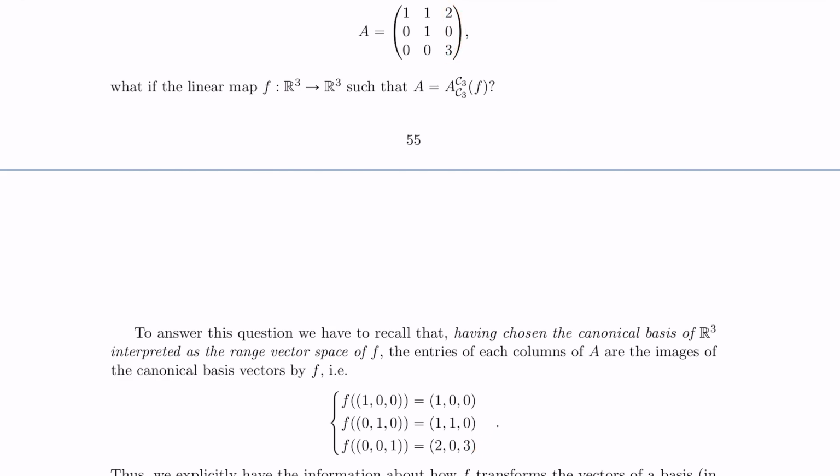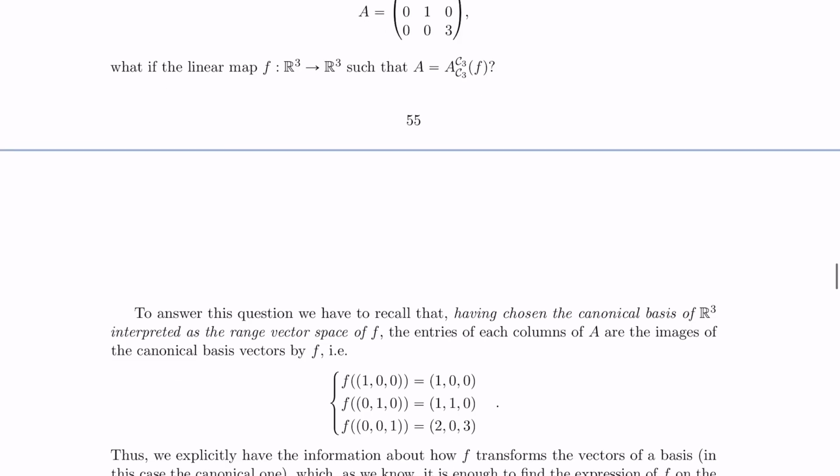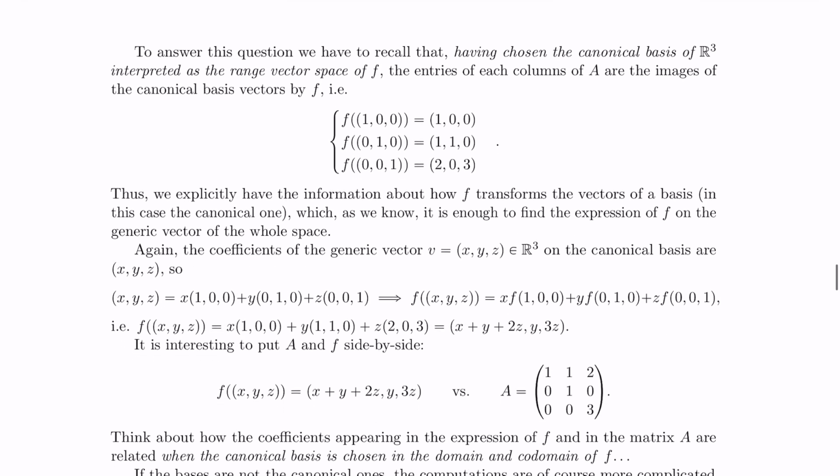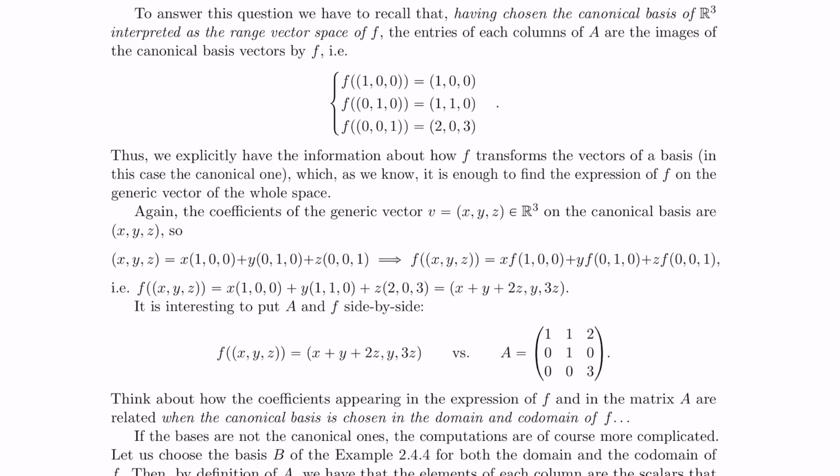Since we know how the linear map F acts on the vectors of a basis, we know everything about the linear map, right? Because we can extend it with the practical method that we have already seen in action.